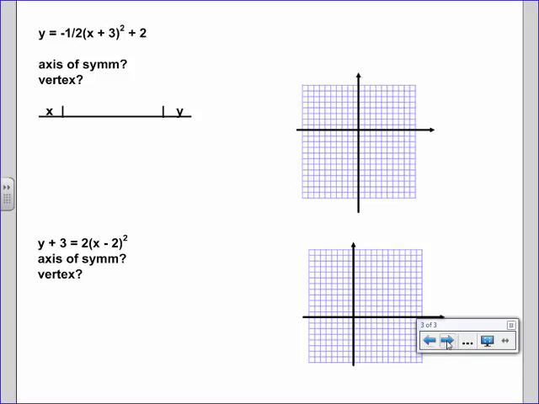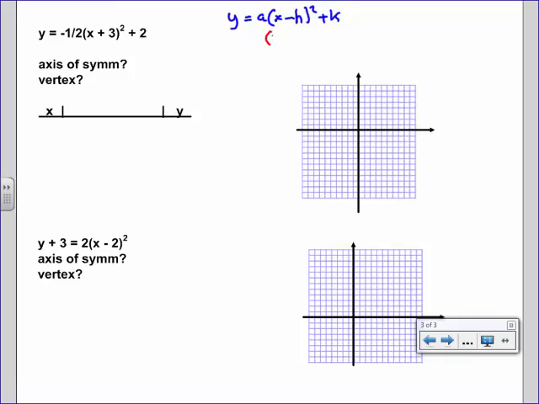Okay, let's try another one. Now, the vertex in this case, remember the form was this. Now, for this to be plus 3 here and to have the formula be minus here, the only way that that could turn into plus 3 is if this was negative 3.